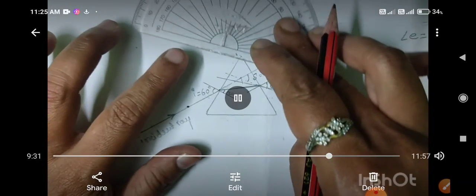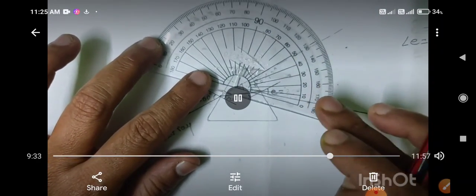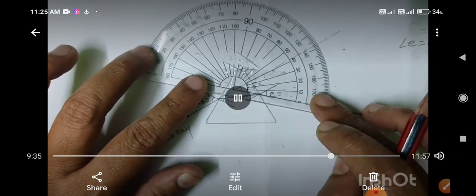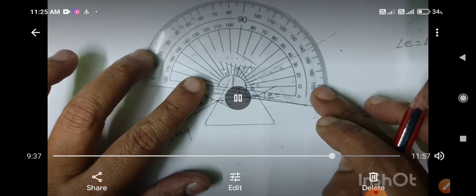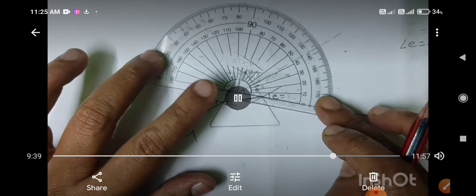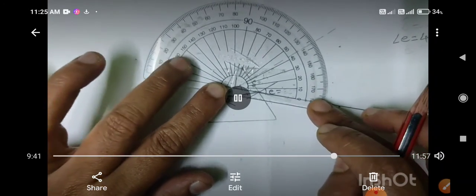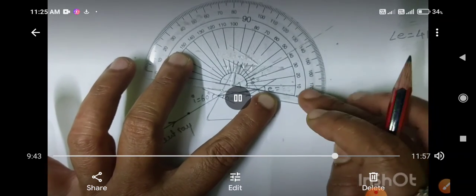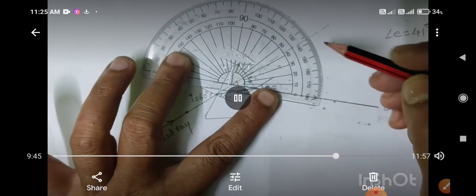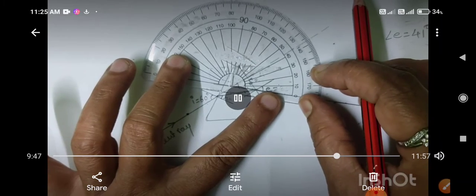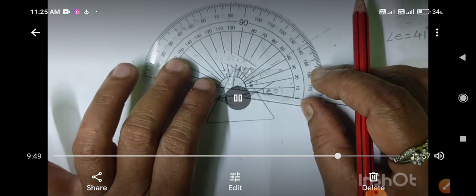Now here again, for finding the angle of deviation, see, in this way, the perpendicular, I'll point this here, this line. Okay. So now again it should be properly arranged.